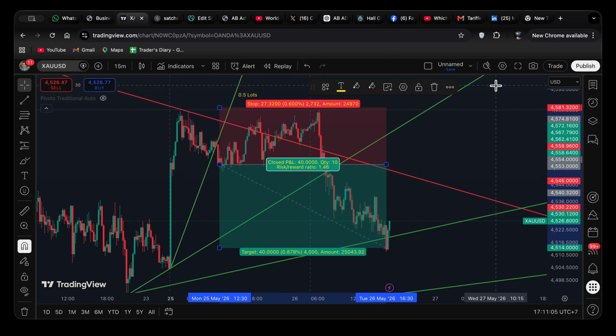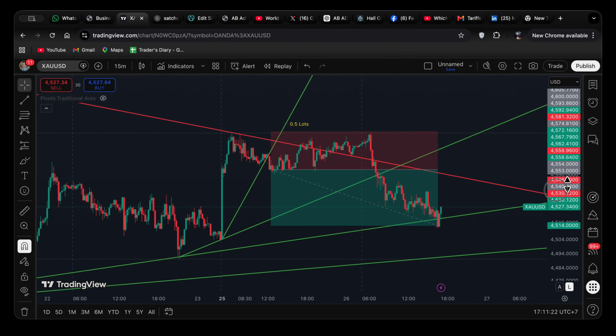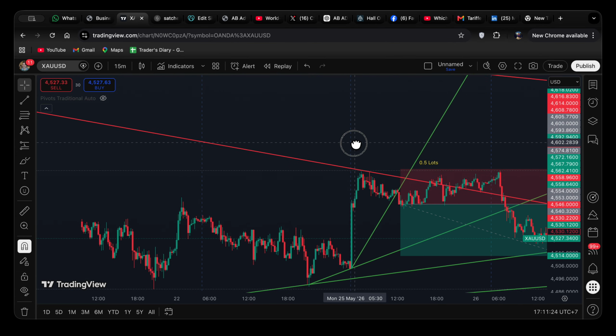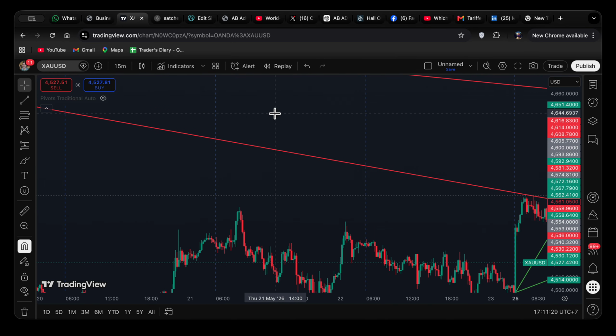So yesterday, this is yesterday, okay? Yesterday, Monday, market open. This is Tuesday, today, market open. Okay, I had my trend lines in place until yesterday. I had a descending red trend line.